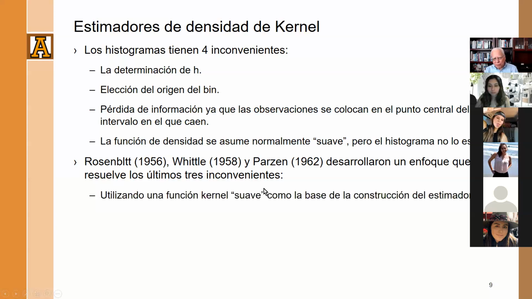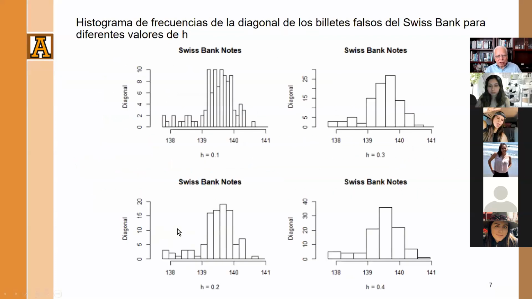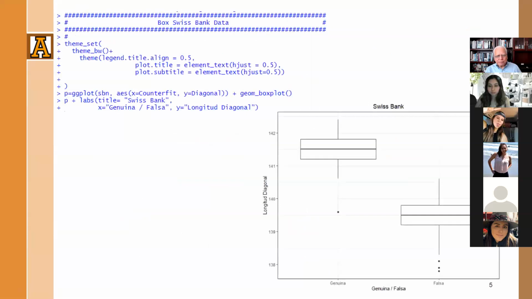That's the first approach for density estimation. What they did is utilize a kernel function, which is a smooth function, because we know that for a continuous random variable the density function is supposed to be smooth. So we replace a step function. If you look at this, let me go back to the expression of the histogram.